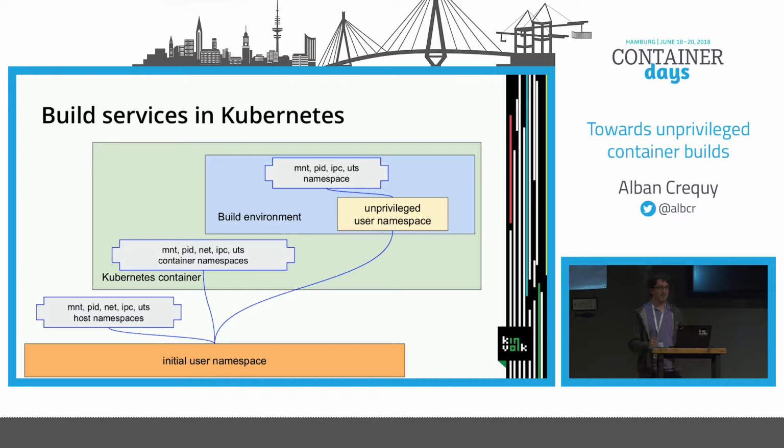And with that, that's the kind of setup I would like to have, where you have a regular Kubernetes container, where you have your regular namespaces configured by Kubernetes or by Docker. And within, you can run a program that will set up the build environment, and that build environment will be running in a new user namespace, unprivileged, and from that, build the other namespaces that you need to run your commands inside the build container.